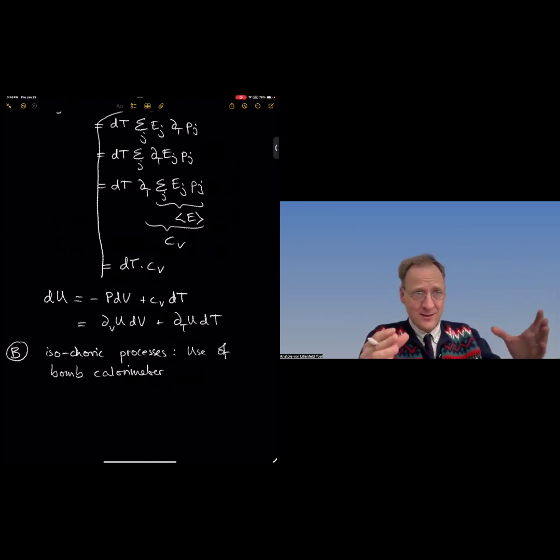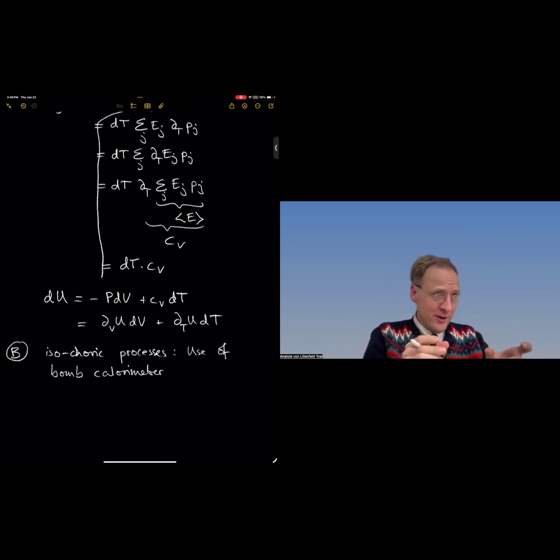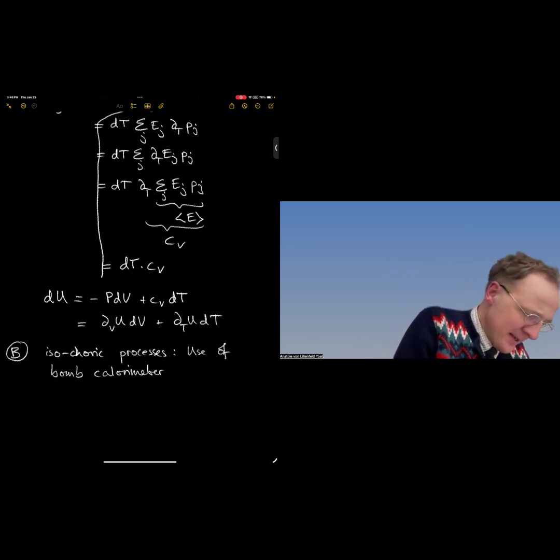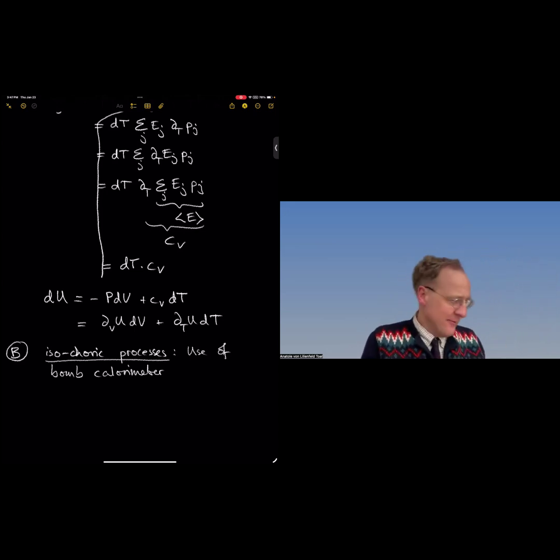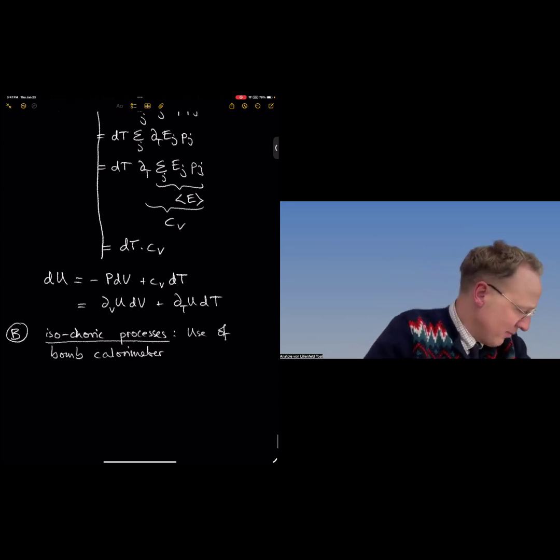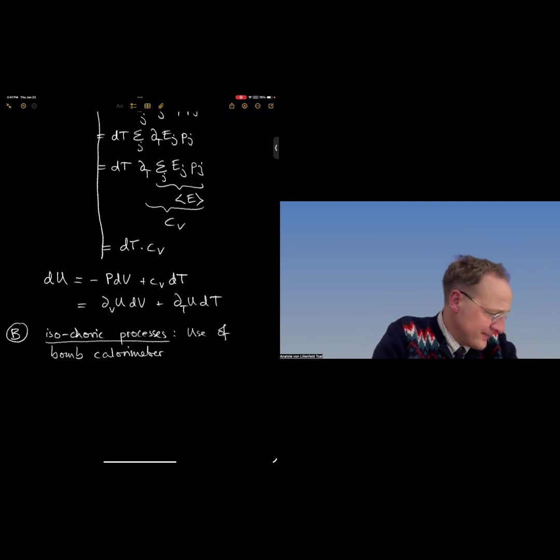It's very heavy for a little volume, just to make sure that the volume is fixed, no matter how large the pressure. So isochoric processes occur rarely in daily life, and they require you to invest heavily in having such a bomb calorimeter.